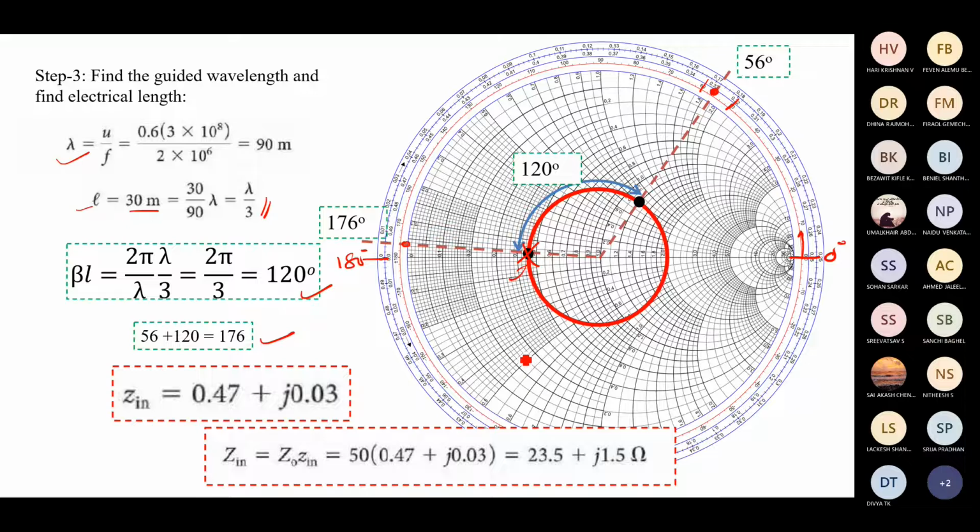In other words, there is a load, and this load is connected with a 30 meter long transmission line. After this 30 meter length L, now we have to calculate the input impedance. This input impedance can simply be mapped from this point to this point by taking this 120 degree extra, which is 176 degree, and we have pinpointed this location.